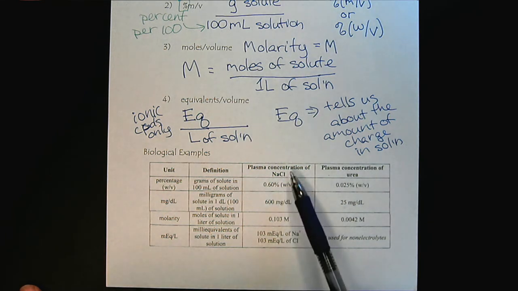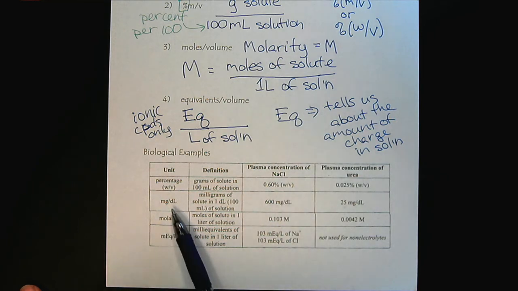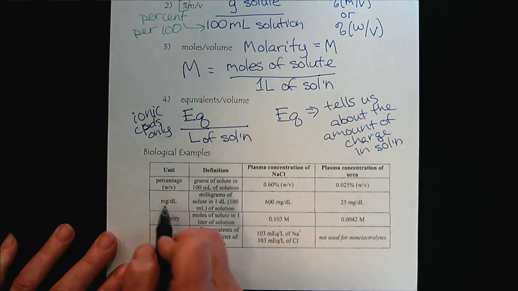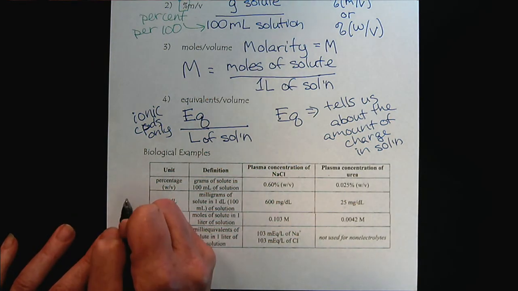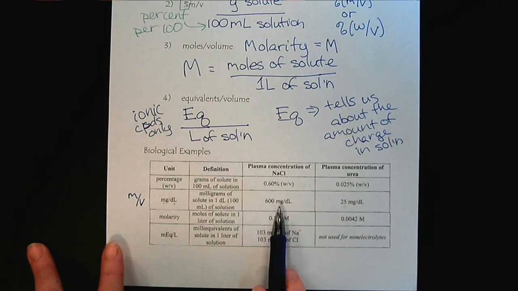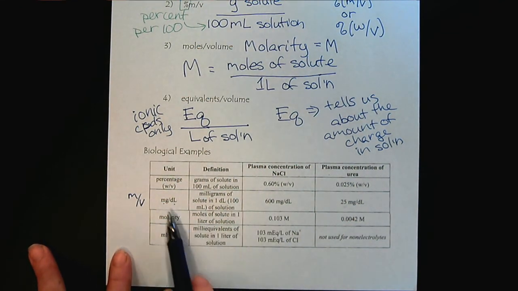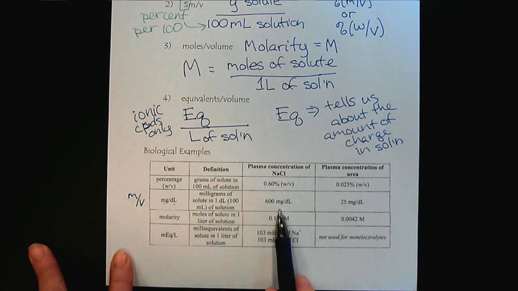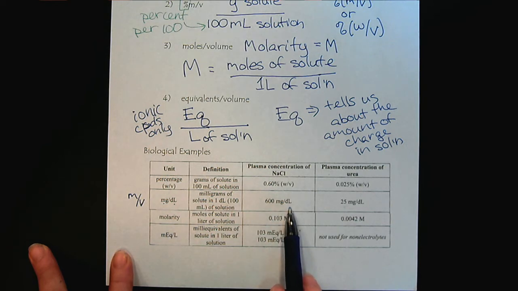It's the same solution, but if we change the concentration units, now we describe it as 600 milligrams per deciliter. This is an example of mass over volume.